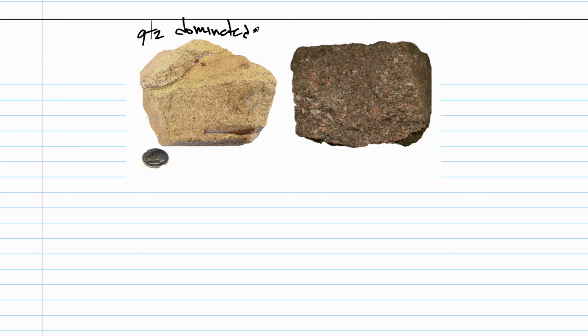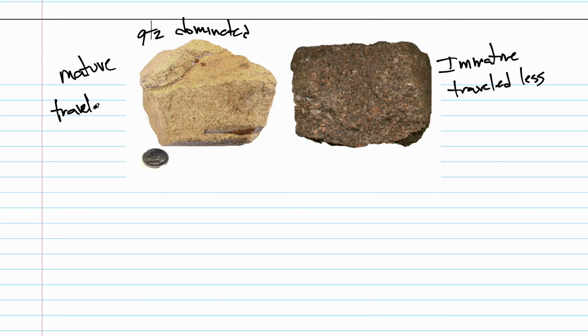Quartz is really stable and survives, and we use the word mature. A quartz sandstone is very mature, and sandstones with more feldspar minerals or rock fragments are more immature. It has traveled less. Traveled more.